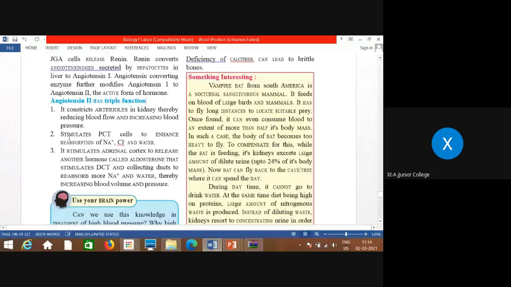So then the next point is what? It stimulates PCT cells to enhance reabsorption of Na, Cl and water. The main function of PCT is reabsorption of water, but along with that, by this activity of angiotensin 2, the activity of PCT is increased for reabsorption of water as well as NaCl ions to maintain the balance of ions as well as water.